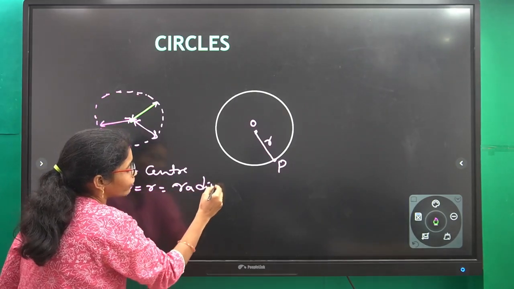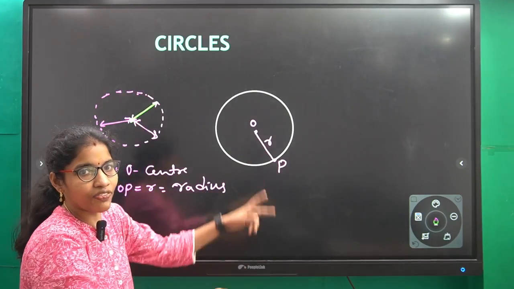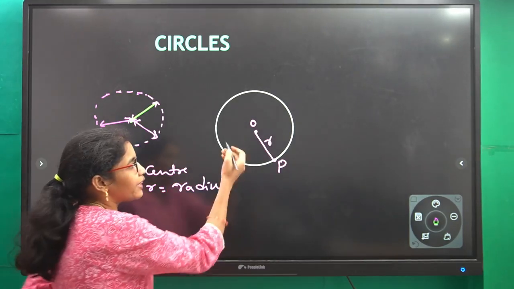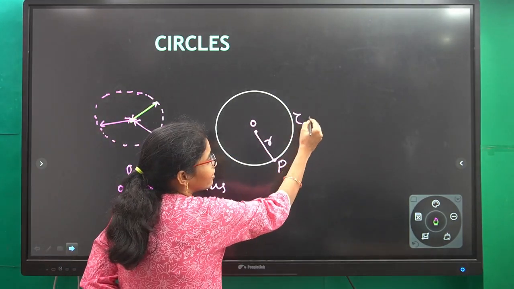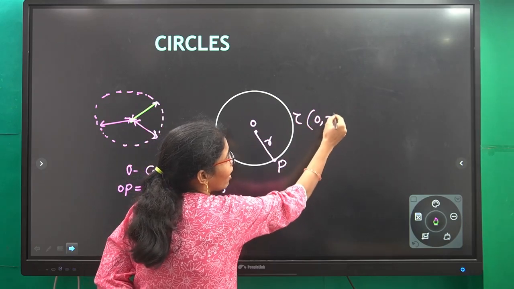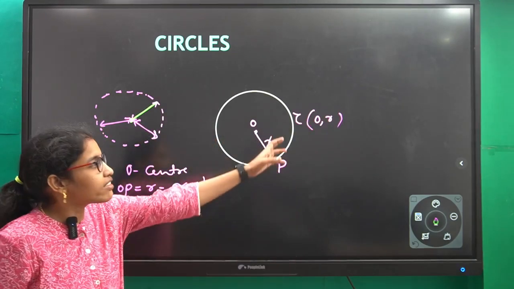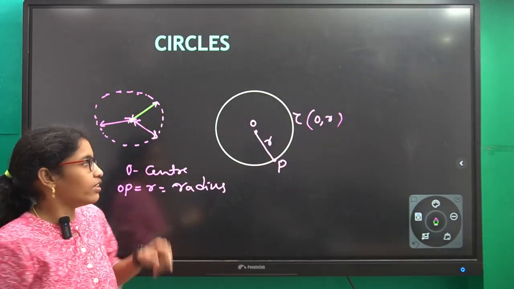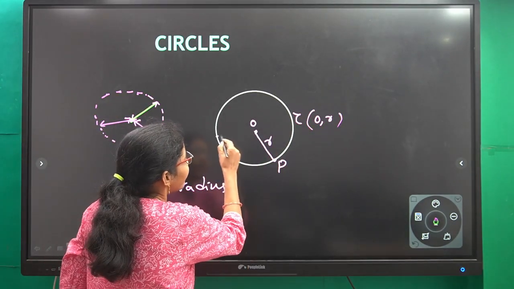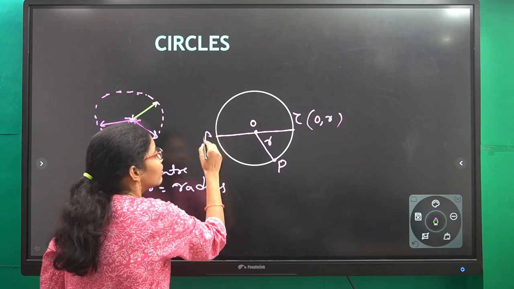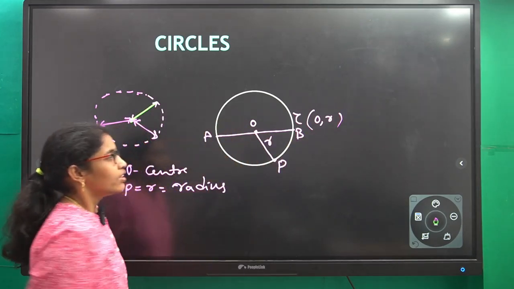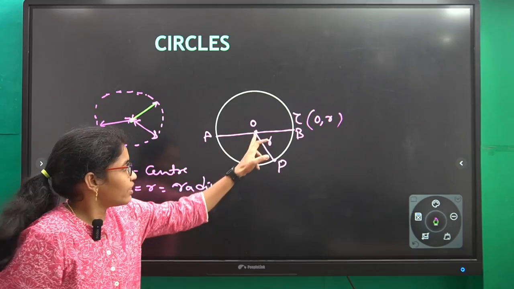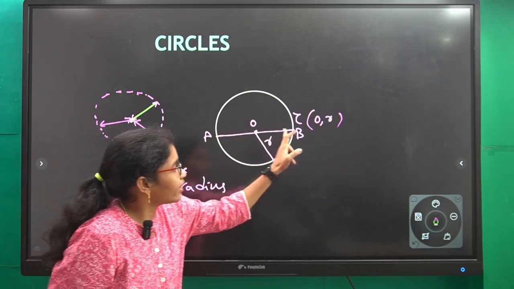So this fixed point is called the center and the fixed distance is called the radius of the circle. That's why generally we represent any circle like this, C(O, r). That means the circle C is represented with the center O and the radius r. Clear? Now I have taken AB, two points opposite to each other, and we are joining AB.